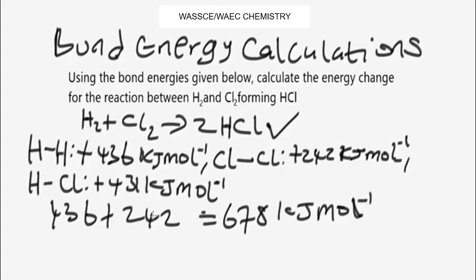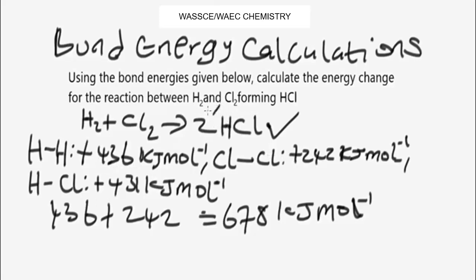Now, to find the energy released by forming bonds, all we have to do is to find the bond energy for the formation of bond. So the HCl molecule here, the bond energy is 431, and this HCl molecule has 2 moles.